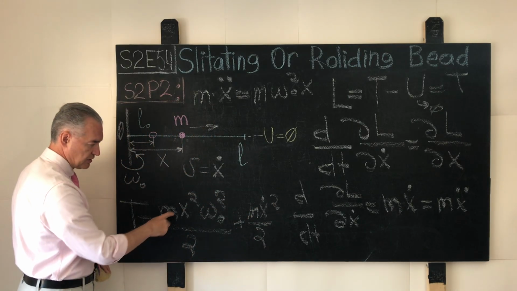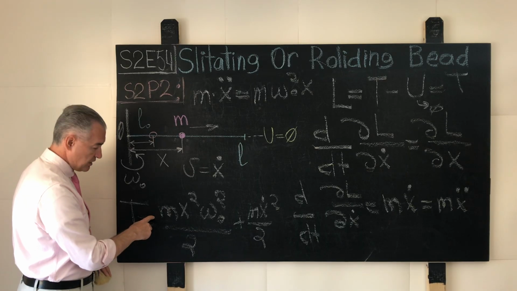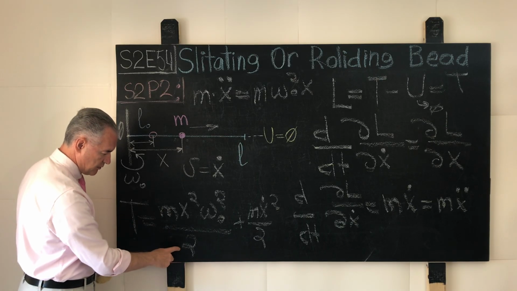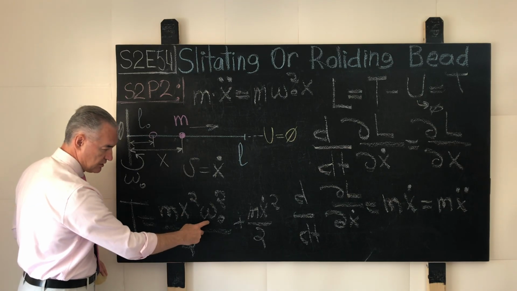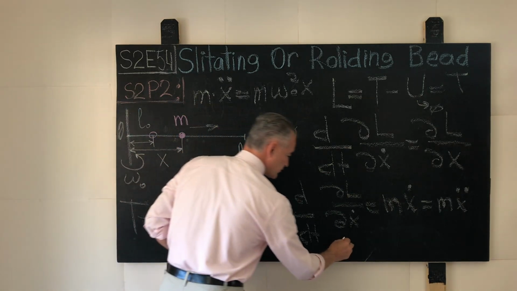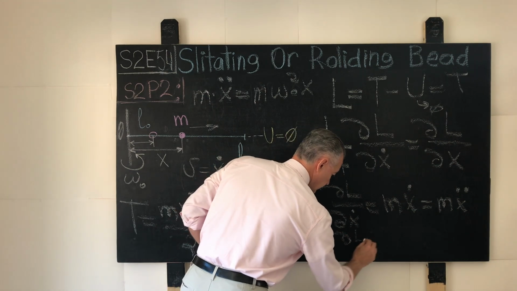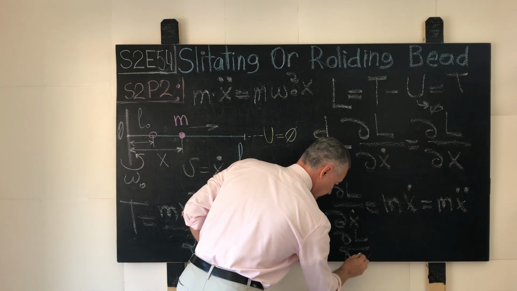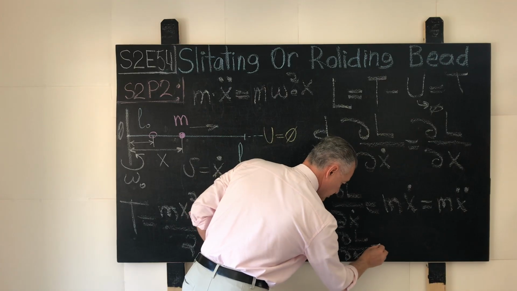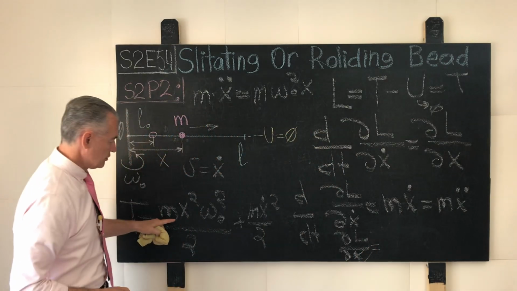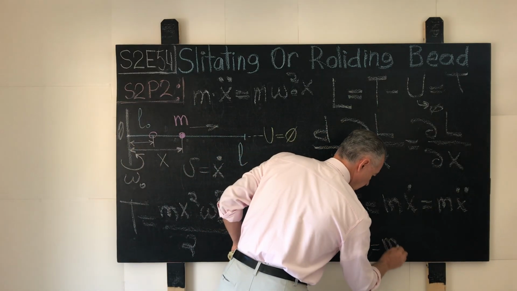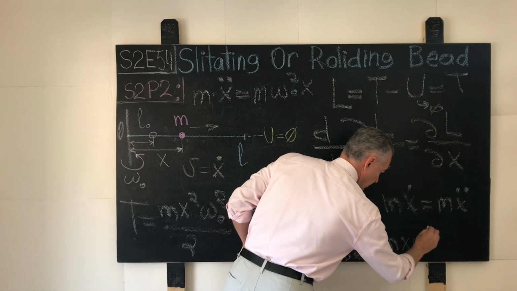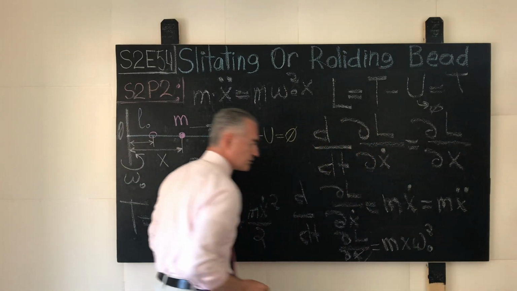And what do we have here? 2 in the numerator and 2 in the denominator cancel each other out. What do we have? m x omega_0 squared. So let's write it down here. The first partial derivative of the Lagrangian with respect to the generalized coordinate is m x omega_0 squared.